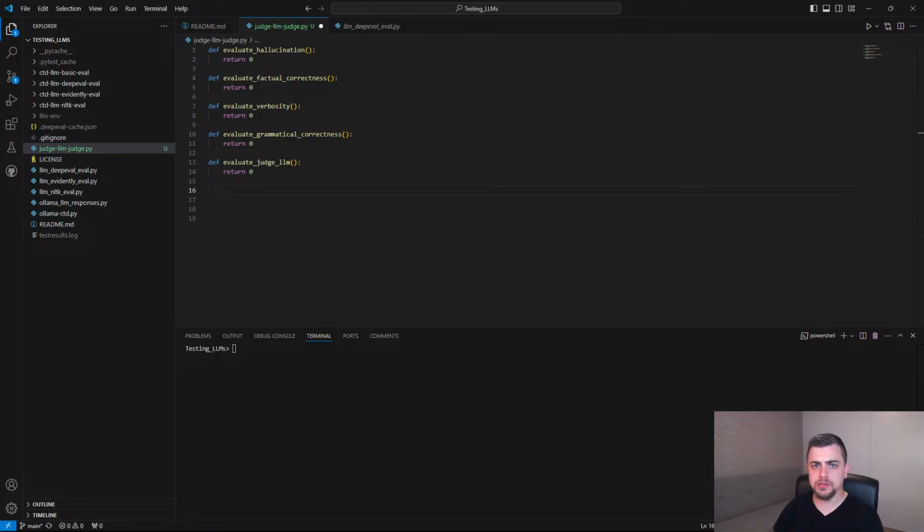Maybe a list of tuples would be the best, two-item tuples, where the first item is the question and the other is the expected answer, because I think it would be best to also compare the expected answer with the actual answer of the large language model. So let's type that before I forget. Dataset.